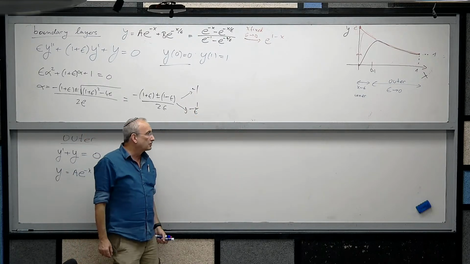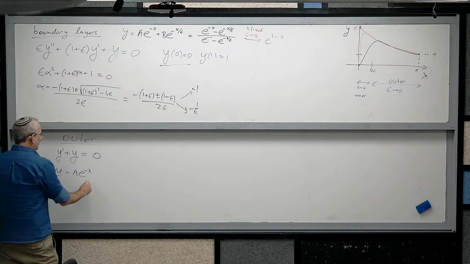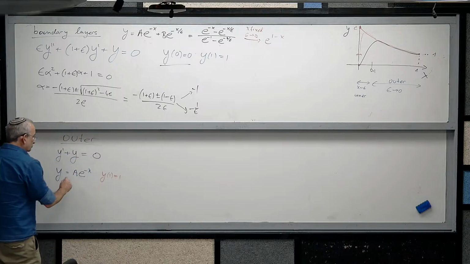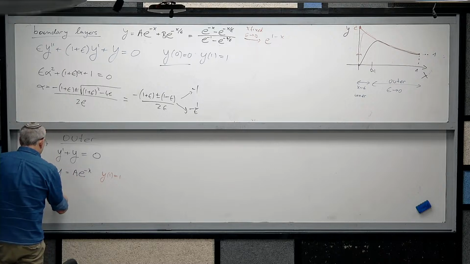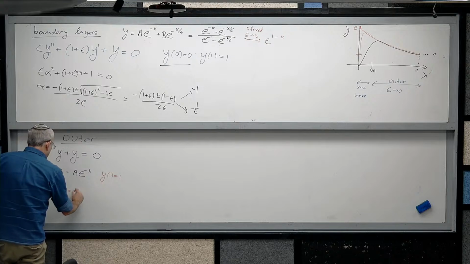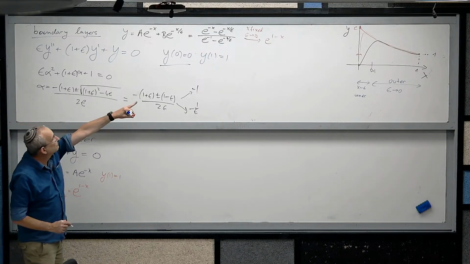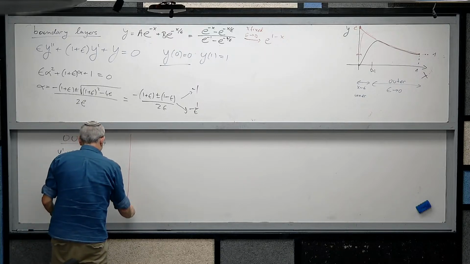So I'm using only the outer. In the outer solution, I have only y(1) equals 1, and to do that, I must have a equal to e. So the outer solution is e to the 1 minus x, which is exactly what we got there. You see? That's the outer solution.